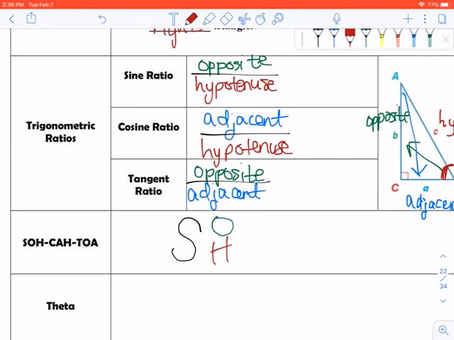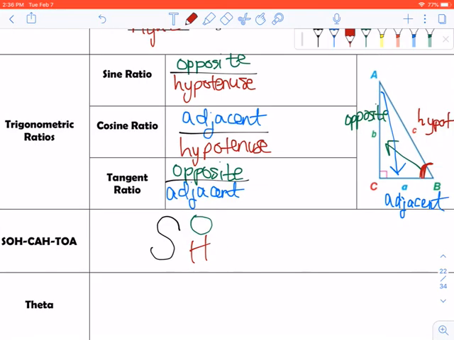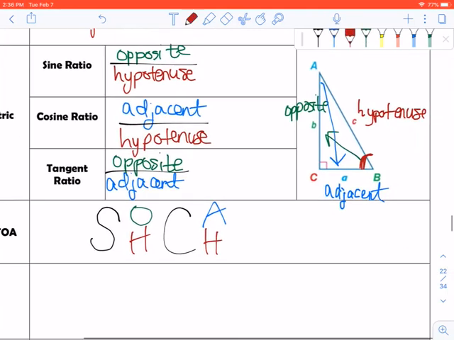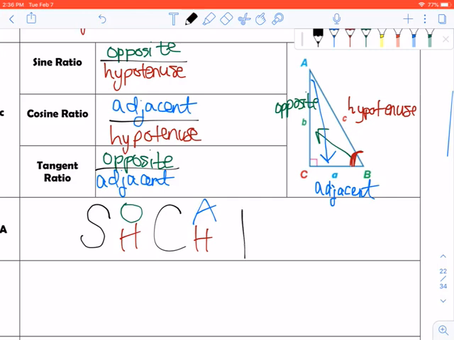If you look at SOHCAHTOA, it's S-O-H, so I usually set it up as S-O over H. And then the cosine is the adjacent, so ka over H. And then toa, so for tangent, it's opposite over adjacent.